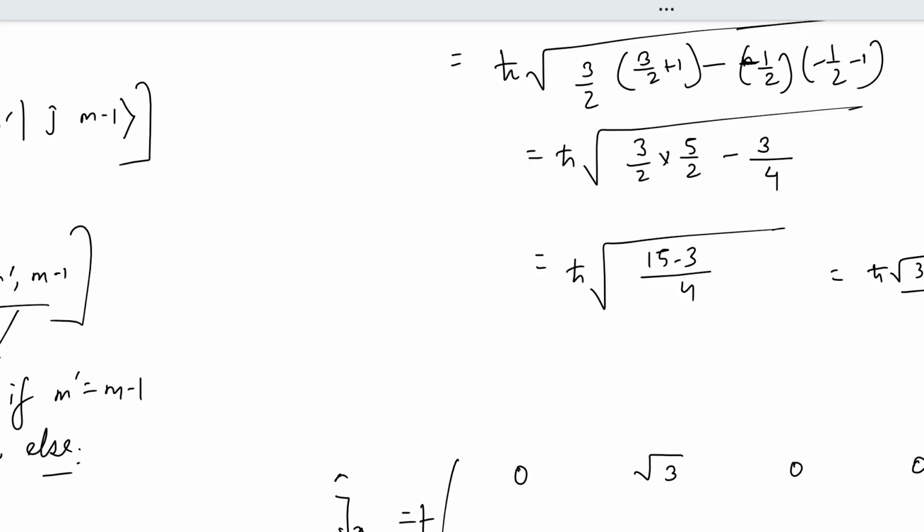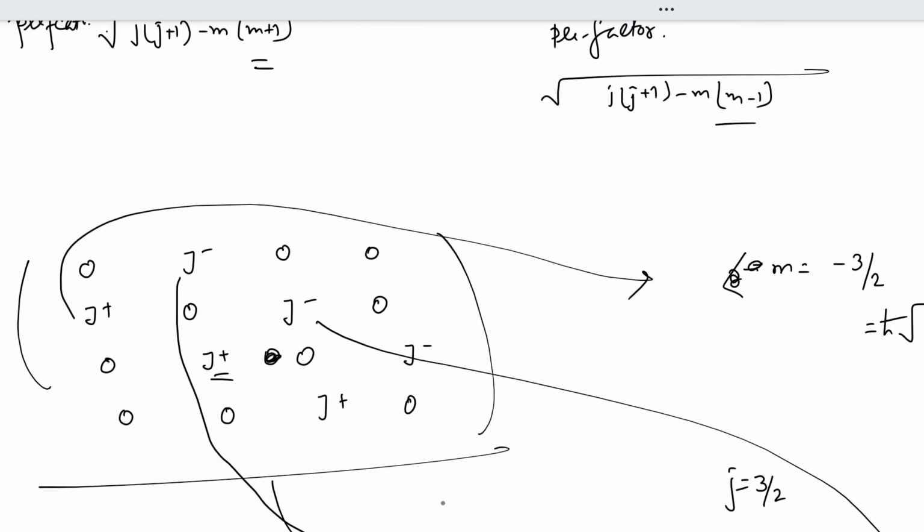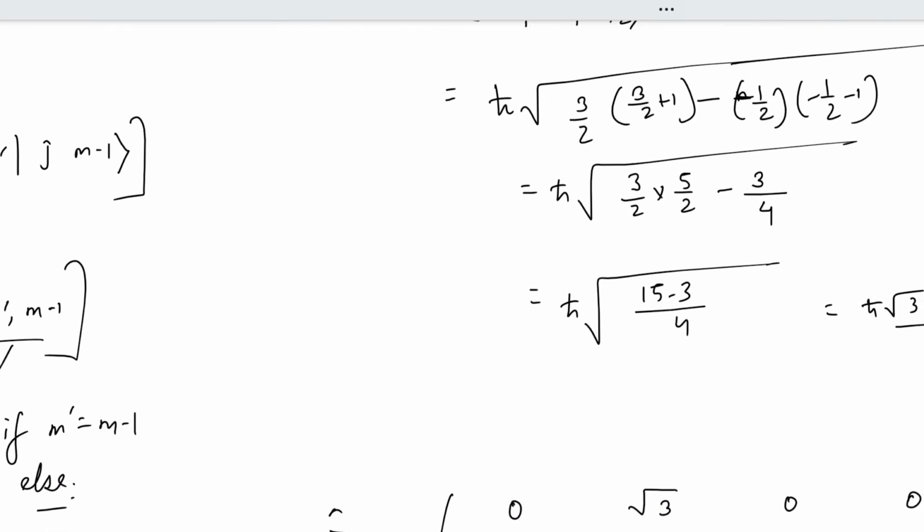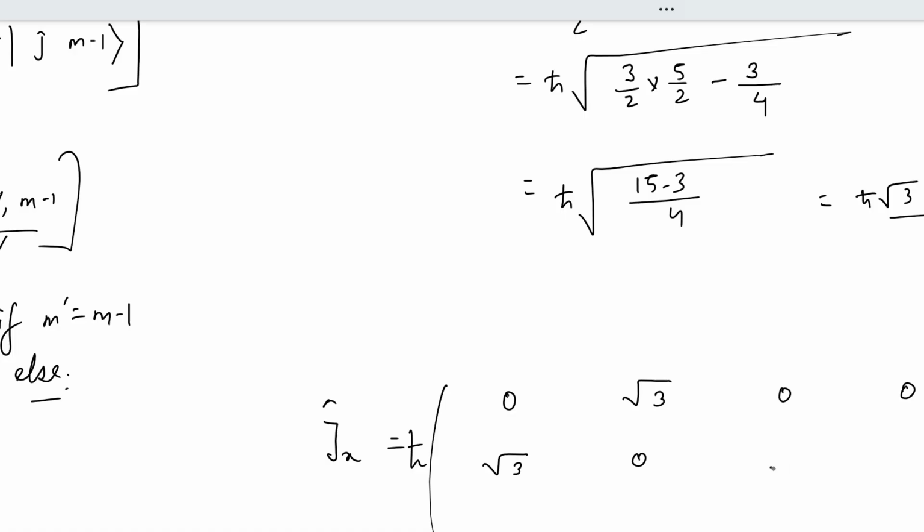Then you again got root over 3 here, and this you got as 2, so this is root over 3 0 2 0. Then on this term if you solve, you will get there will be a 2, and then the last term there will be a root over 3, and then for the last row you have 0 0 root over 3 0, right?